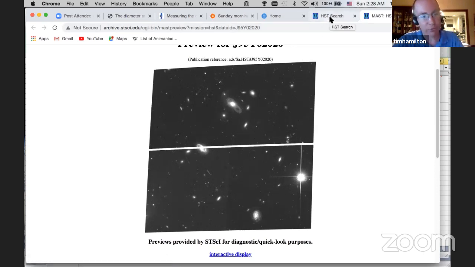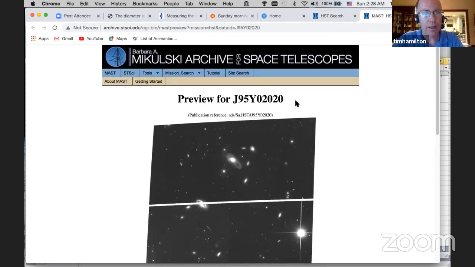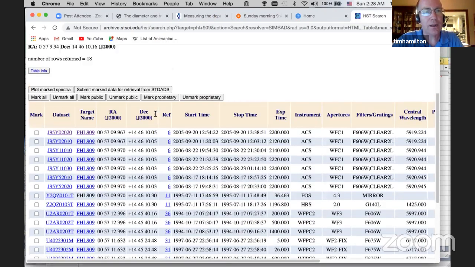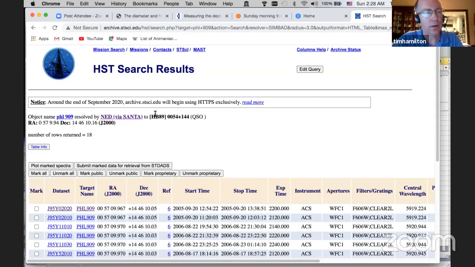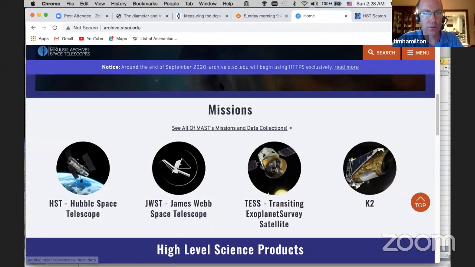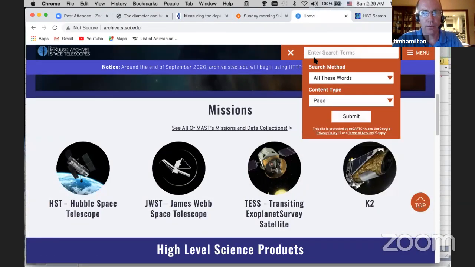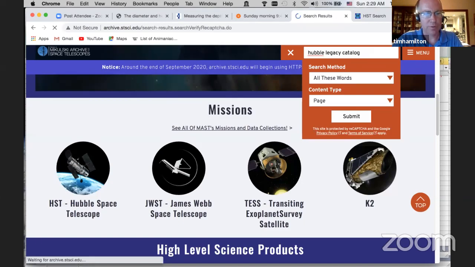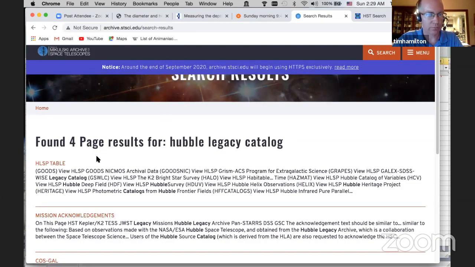But they also have something which, this being an archival astronomy class, would interest you. Oh, this is archives too, after all. There is what is called, and I would encourage you to play around with it, the Hubble Legacy Catalog, HLC. Let's see if they keep moving these things around, so I'm not sure where it is right now.